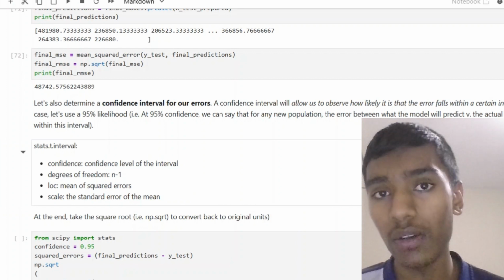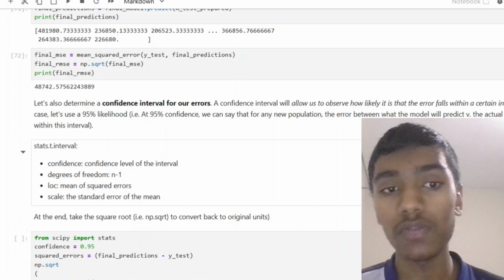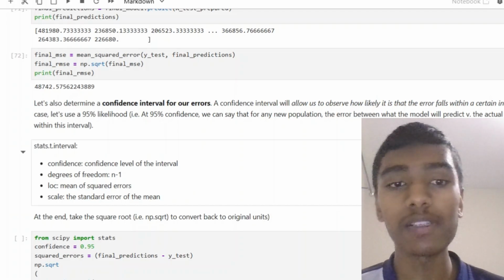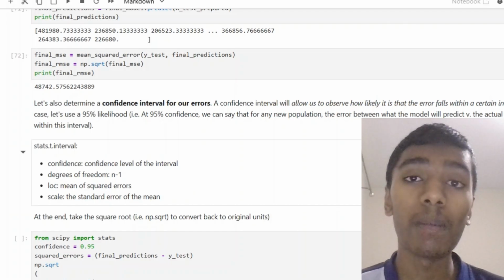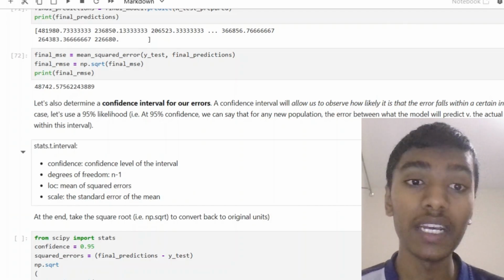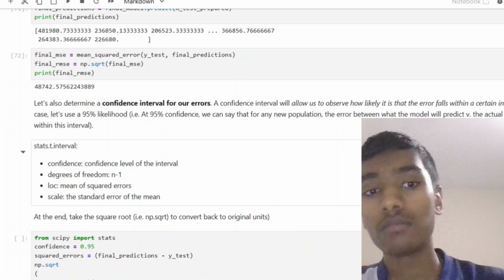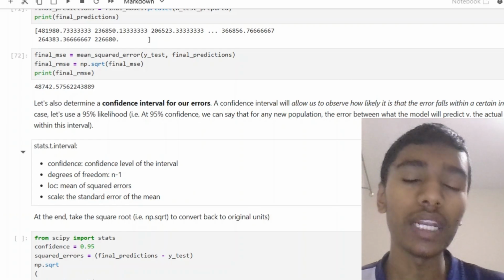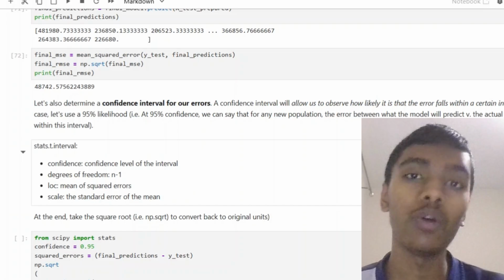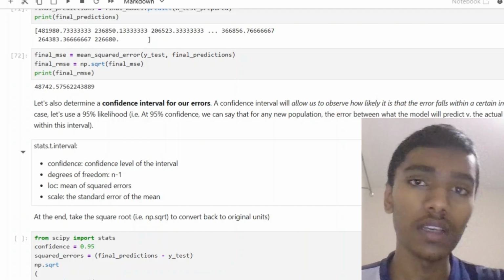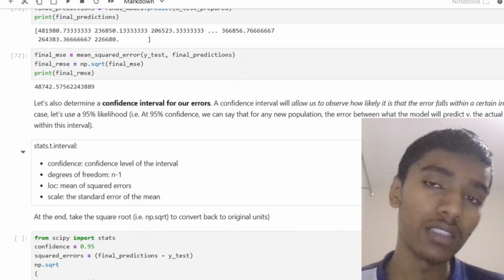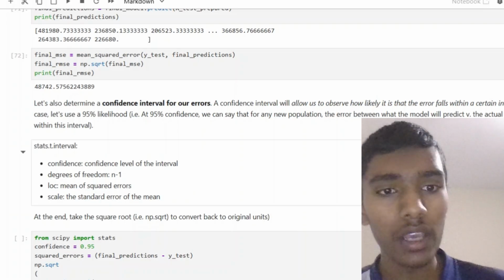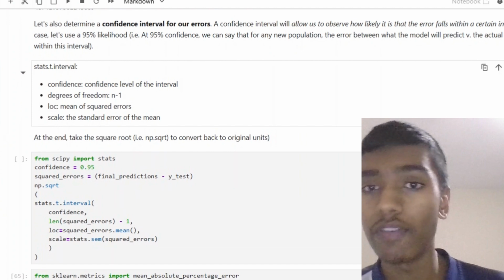So if you take any new house and we predict what the house value is, we are 95% confident that the error of the model's prediction will be between this value and this value, meaning the error is going to be less than or greater than, but how much it's going to be less than or greater than. Okay, so that's what we're going to be doing in terms of confidence intervals.